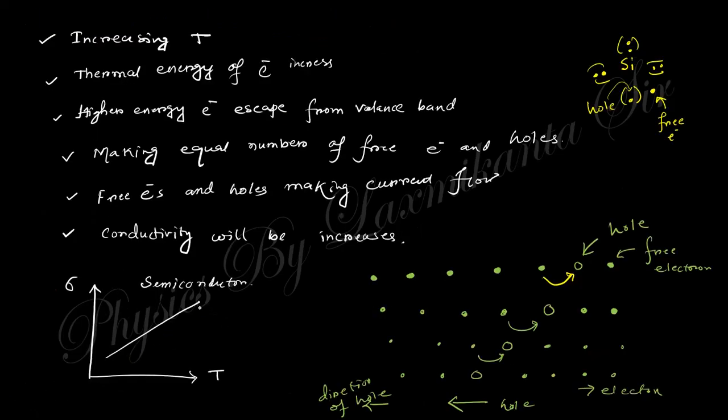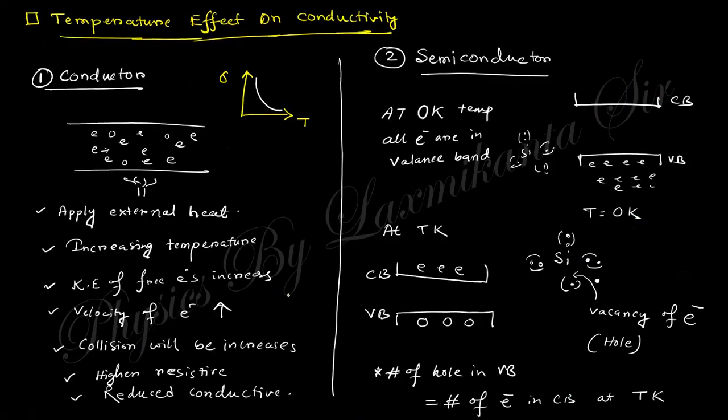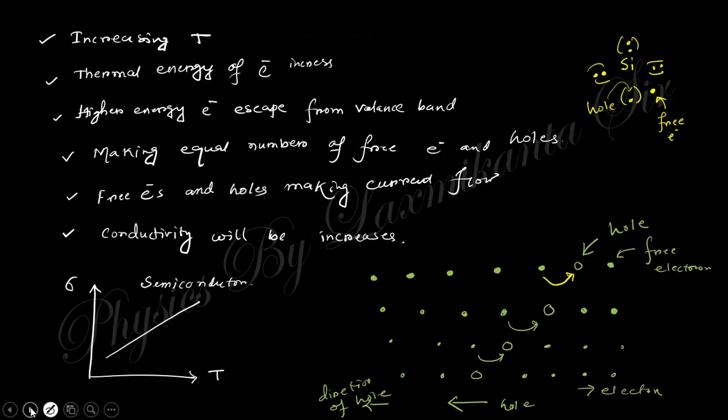That's why the plot becomes like that. And there is no such collision effect because there is a very small number of electrons within the semiconductor, that's why they do not make the collision effect.